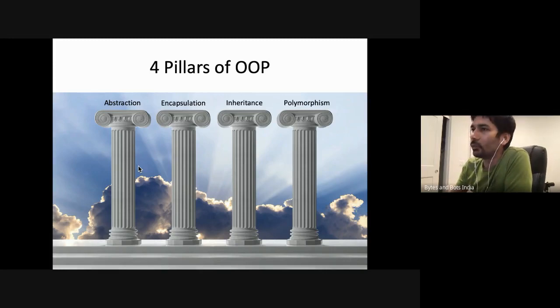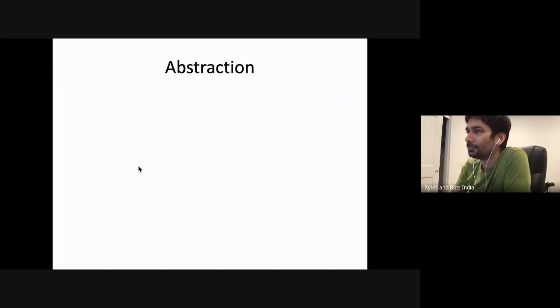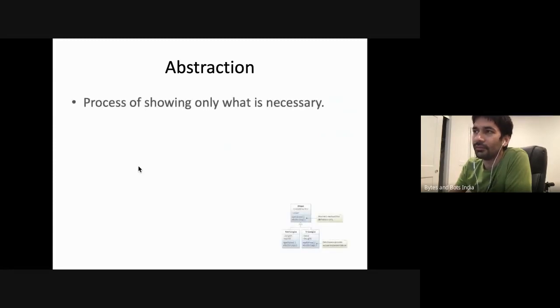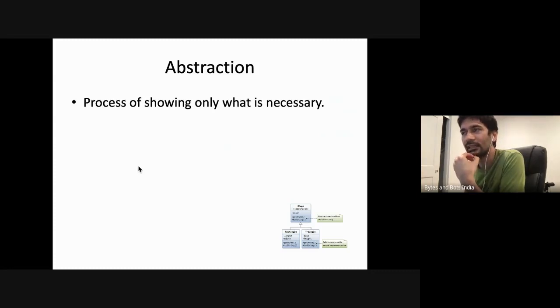So let's look at what abstraction is real quick. By the term itself, abstraction is a process of showing only what is necessary. And why do we want to do that? Because that hides complexity.